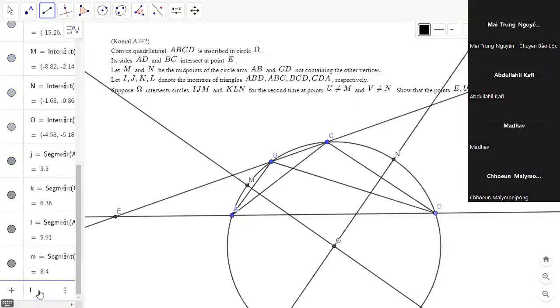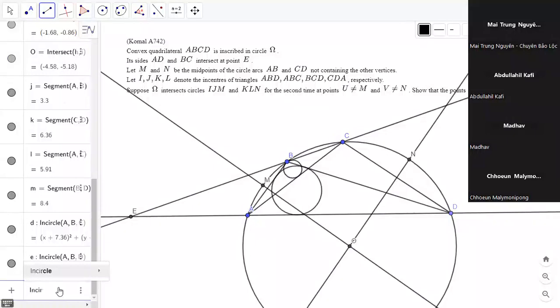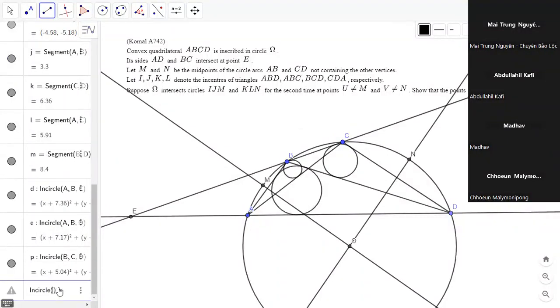So circle ABC. This one is ABC. And then we want the incircle of ABD, and the incircle of BCD, and the incircle of CDA.